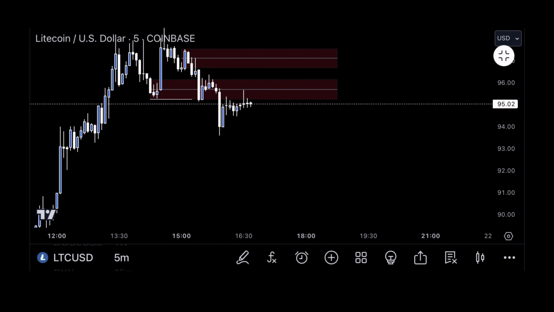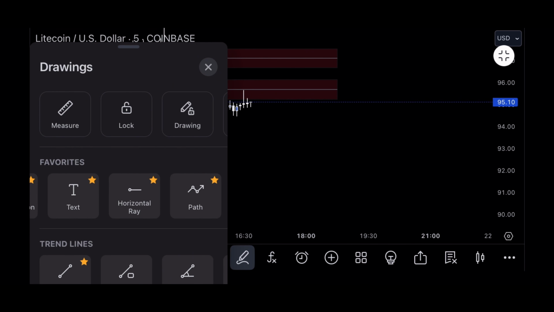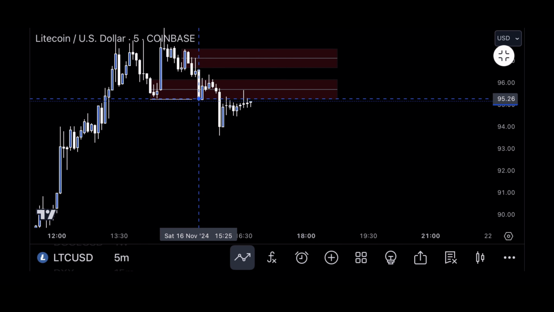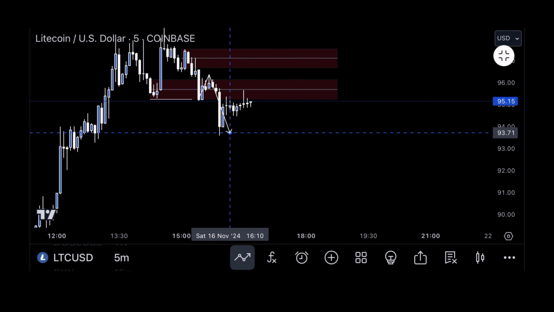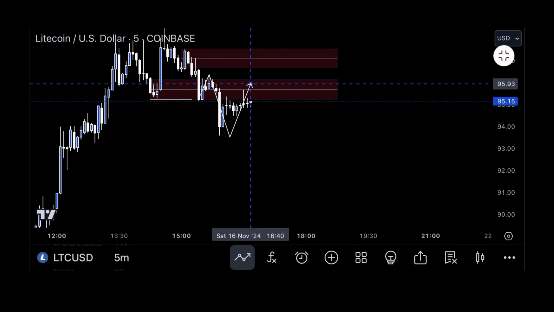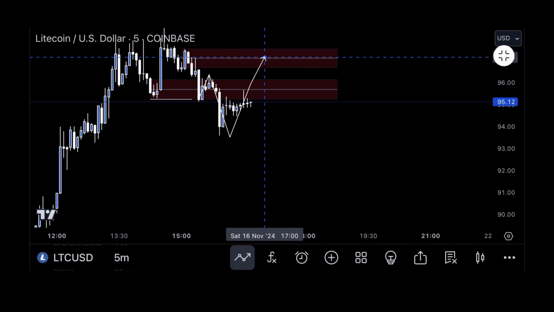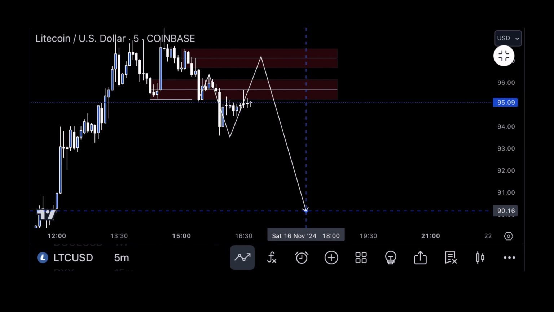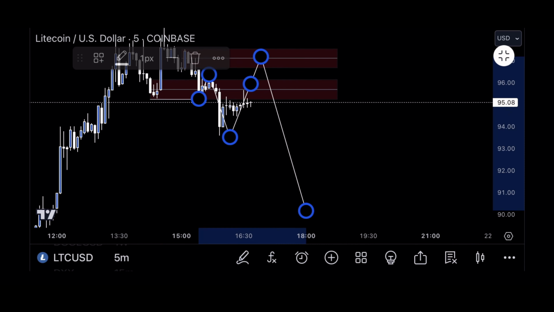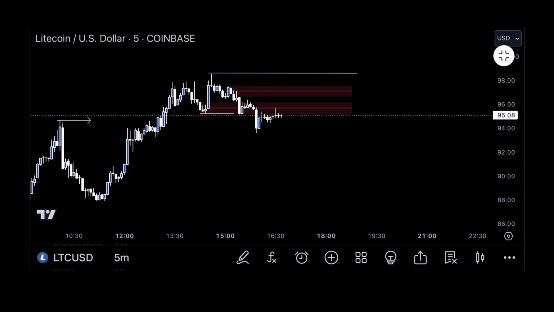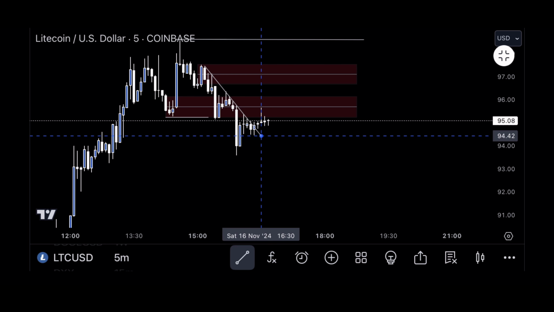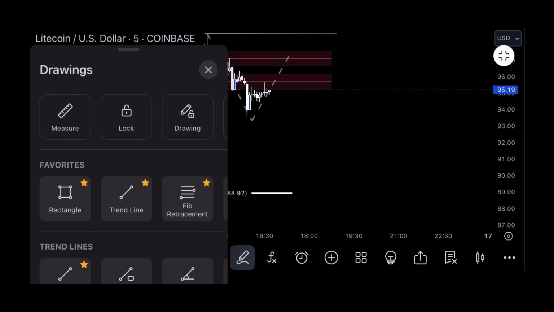If you don't know what a flip zone is, it's a zone where, for example, price came down to the demand zone, they respected it, then it broke it, went down and closed below it. But in this scenario, I'm seeing this zone as a trap, because the institution knows that people are willing to sell at this area. So I'm not following the crowd.